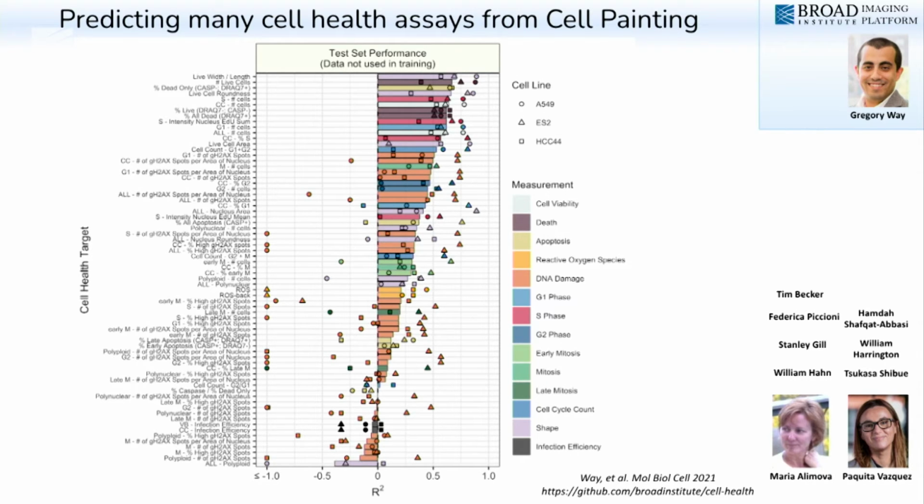We collected genetic perturbation data for 3 cell lines for a small handful of genes in both the cell painting and the cell health assay. And then we use the cell painting features to predict the cell health phenotypes. So we can do a really good job of predicting several of these readouts, and you can learn more about the individual readouts as well as the source code, as Pat would want us all to have online.